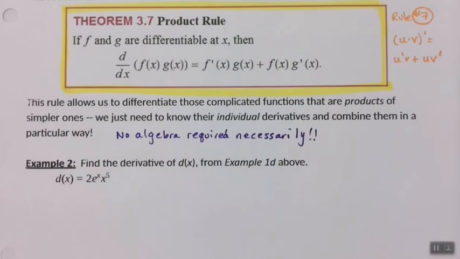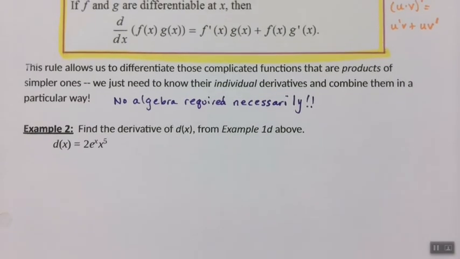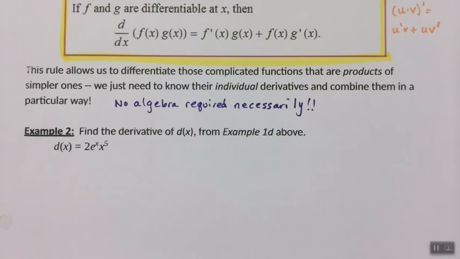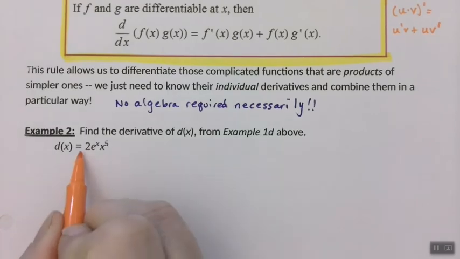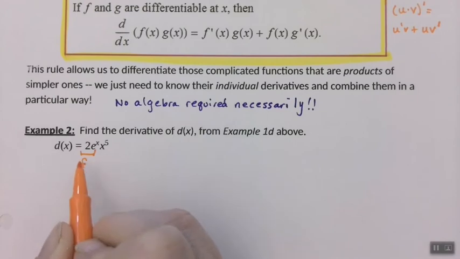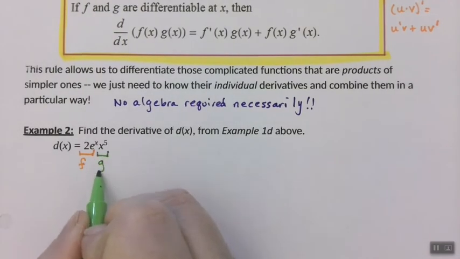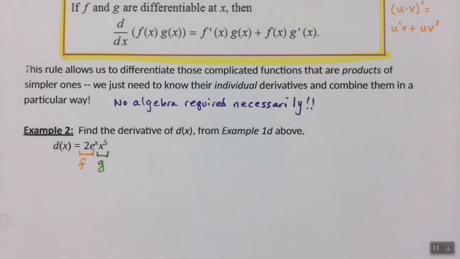All right, so let's look at the example 1D above, which was impossible actually before. So you can see you have your function, and you can label these as either u or v or f and g. It doesn't really make any difference. So I'll call it f right here, and I'll call this function g right here, and you'll notice they're being multiplied.